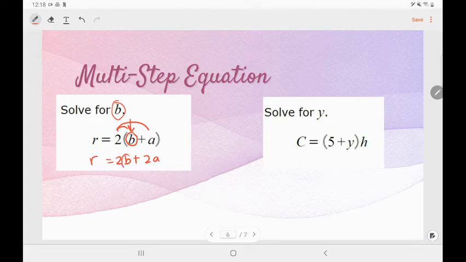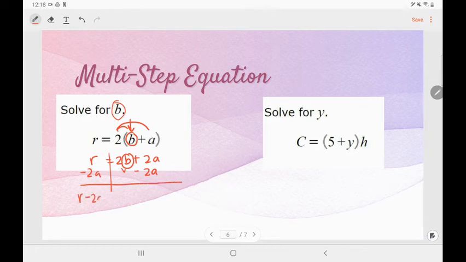I'm still going to keep circling b because that's what I want to solve for, and I'm going to figure out how to get b by itself. r is on the other side, so I don't worry about that. And I'm going to get rid of whatever's furthest from b first. 2 is being multiplied, so that's the closest. I'm going to get rid of what's being added. I'm going to subtract 2a because I'm adding 2a.